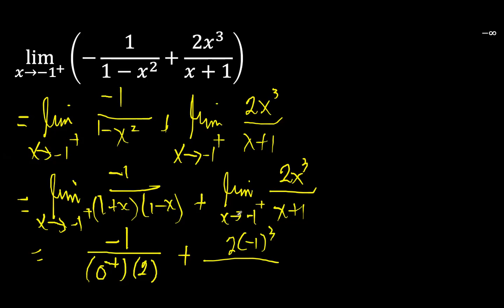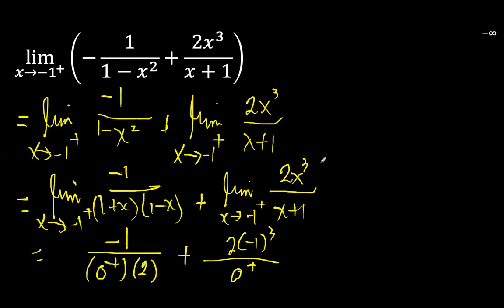If x approaches negative 1 from the right, the values of x here are greater than negative 1 and close to negative 1, like negative 0.999, where the absolute value of x is less than 1. Therefore, the values are approaching 0 with a positive sign.